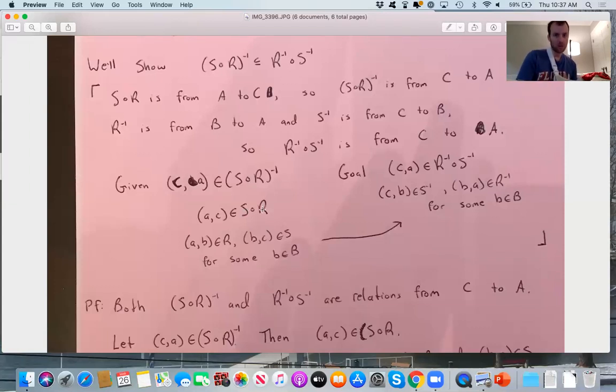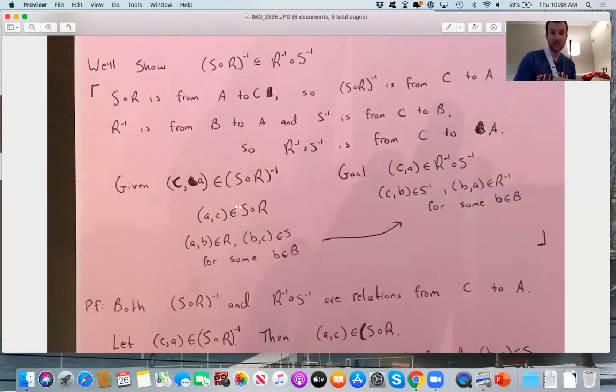But then, if you're in a composition, that really means that there are two pairs you know exist. There's some new element B that shows up in them.